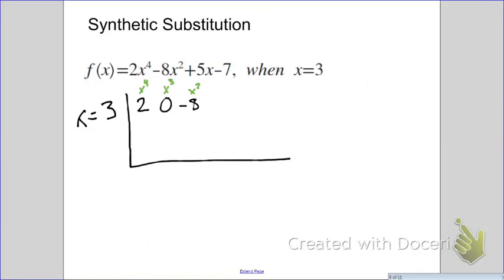That would be the number in front of x, positive 5. And then lastly, the negative 7. X to the power 0 is always 1, so it's always the number that doesn't have an x on it.